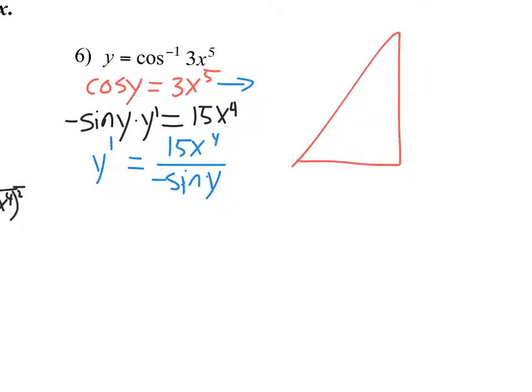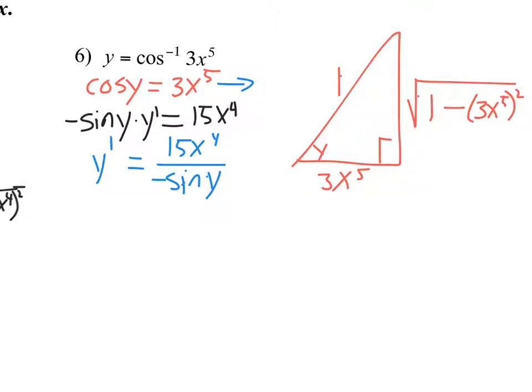I've got cosine of y, so let's put a y angle in. And cosine is adjacent, 3x to the 5 over hypotenuse of 1. Sine would be opposite over hypotenuse. So we need to do the Pythagorean theorem to figure out this last piece. It's going to be the hypotenuse squared, which is 1, minus the adjacent squared, 3x to the fifth, and then squared.